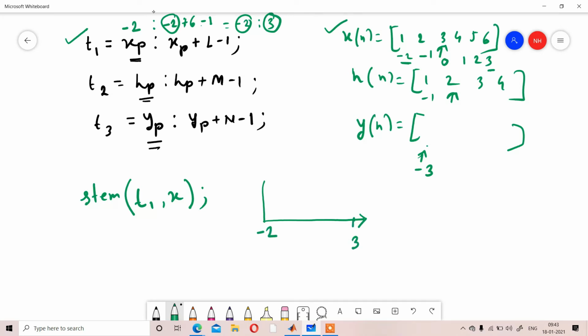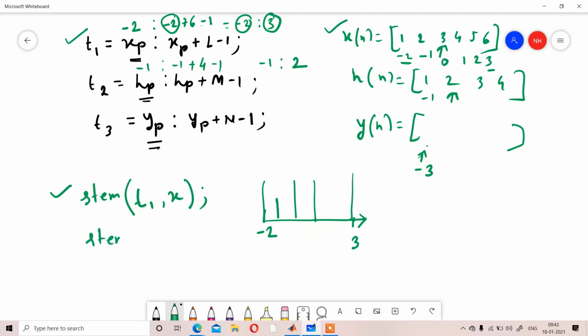Whatever the data, it will start from minus 2 and end at 3. That is for T1. Similarly for T2, hp is minus 1, so minus 1 to minus 1 plus M, which is 4, minus 1. So minus 1 minus 2 plus 4, plus 2. So it will be from minus 1 to plus 2. That is the fourth data.